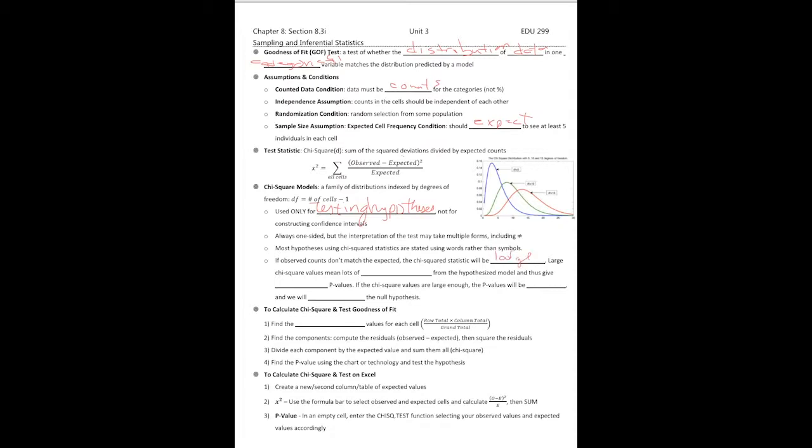Large chi-square values mean lots of variance from the hypothesized model. Thus, if they're not very close, this will give you small p-values. If the chi-square values are large enough, the p-values will be small and we will reject the null hypothesis.